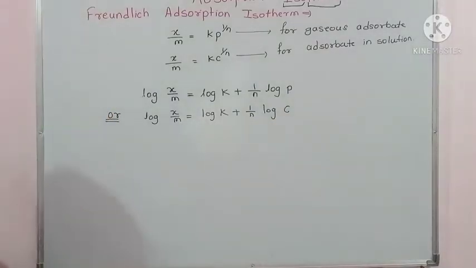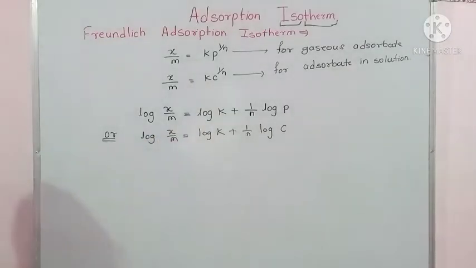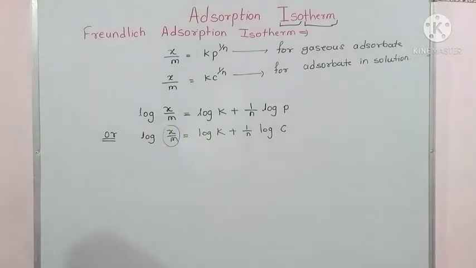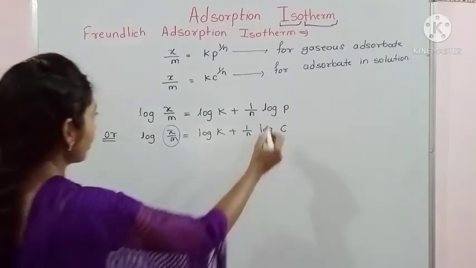Then this relation is generally represented in the form of a curve obtained by plotting the mass of gas adsorbed per unit mass, that is x upon m, against equilibrium pressure or concentration.